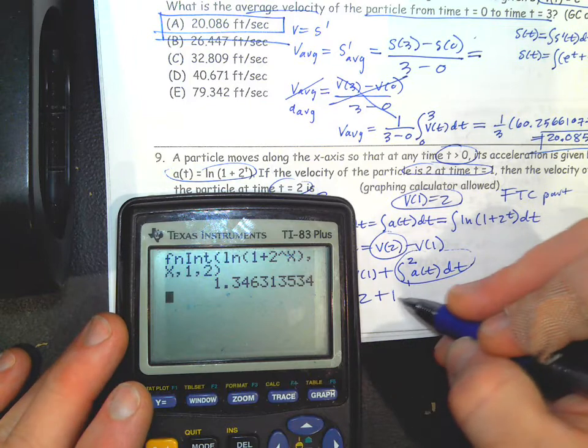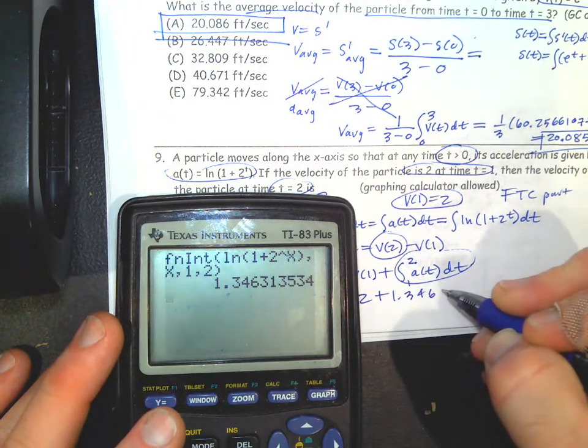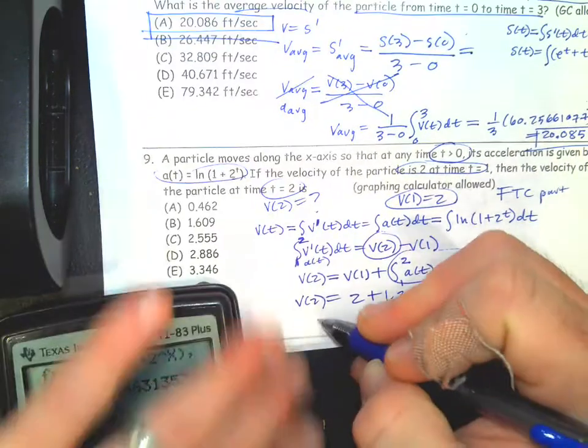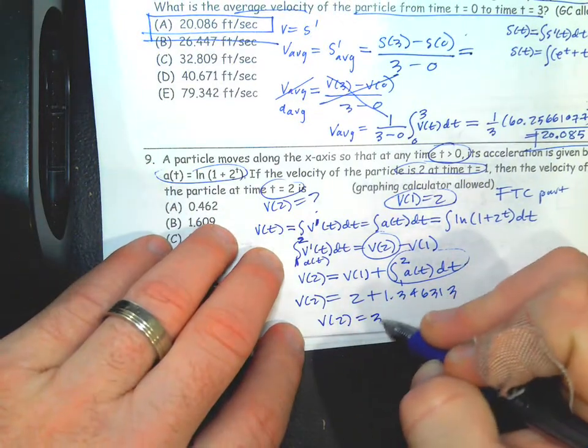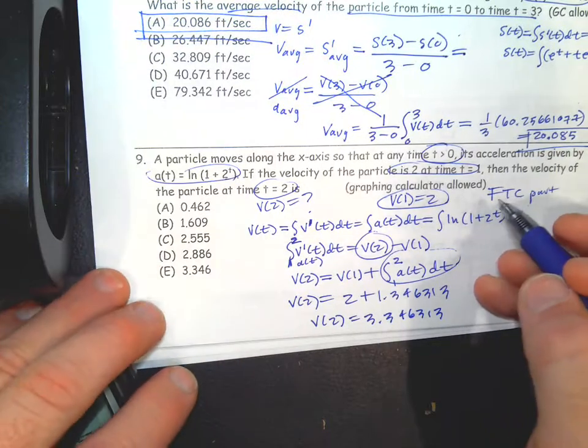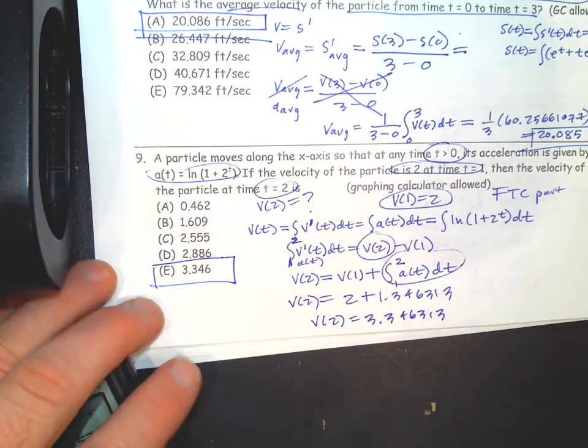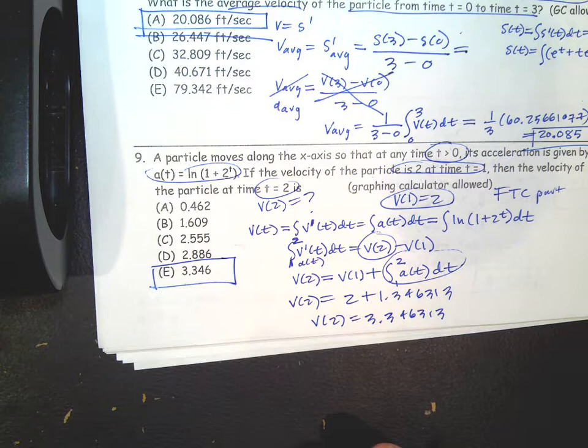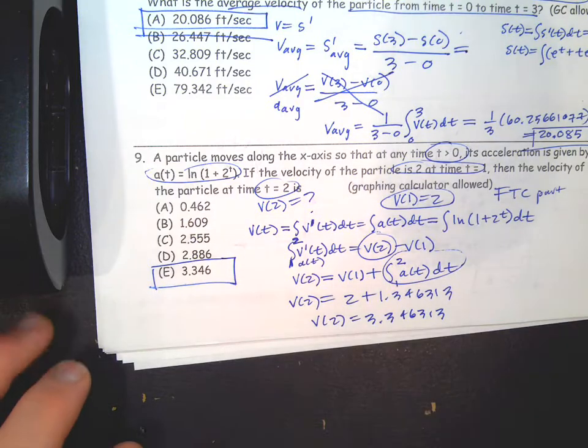So that's 1.34613. And so the answer for V2 would be 3.34613. 3.346. So again, that's something I haven't really shown you how to use, but hey, it's a little sneak peek, and I showed you how to do it now. So that's how you do it. All right, that's it.